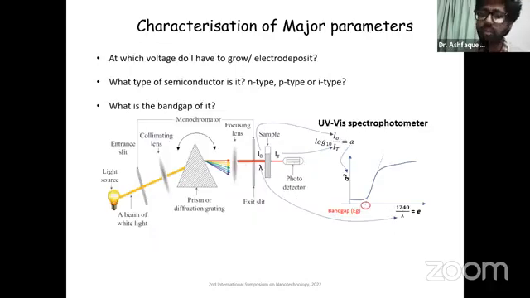And for finding the band gap, the most widely used technique is the UV visible spectrometer, where the Tauc plotting can give us the band gap. This UV visible spectrophotometer can also be created by a DIY, or do-it-yourself, method, where off-the-shelf materials can be used.